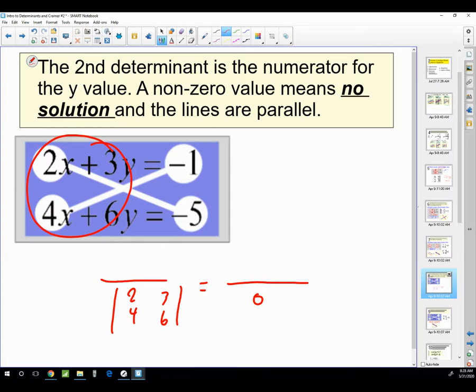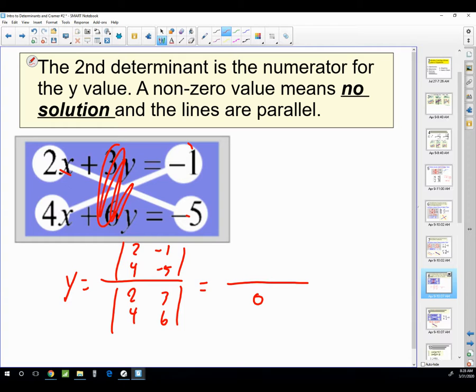And then if we were to set up the Y, I'm just taking these out and going 2 times 5 is -10, or let's just build that. So it'd be 2, 4, -1, -5.